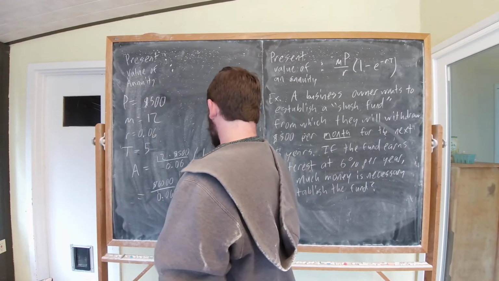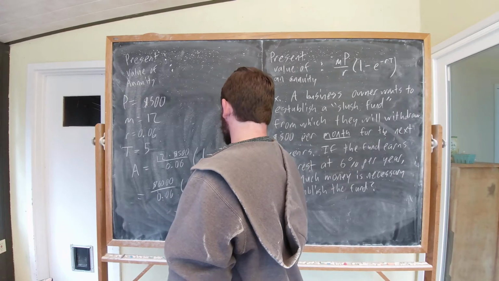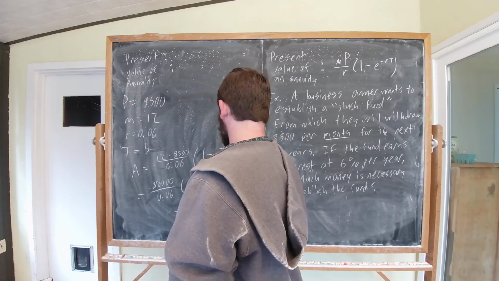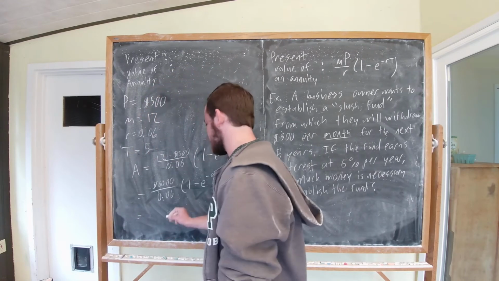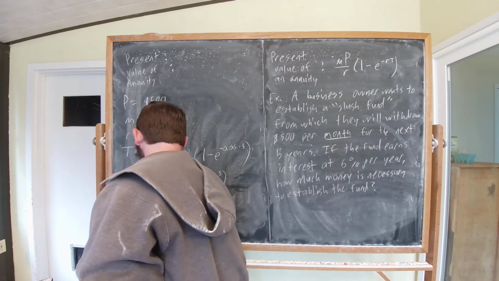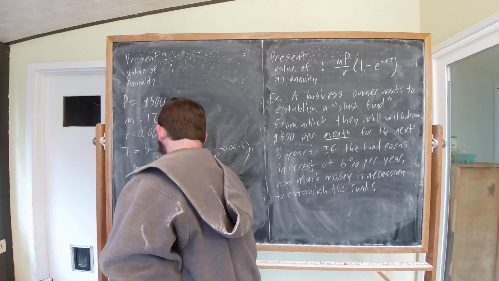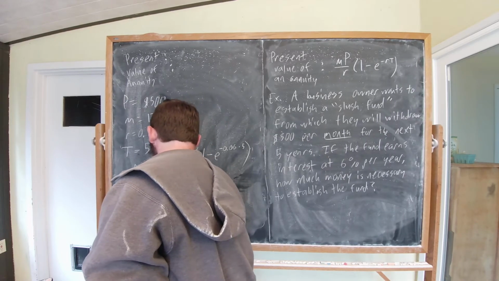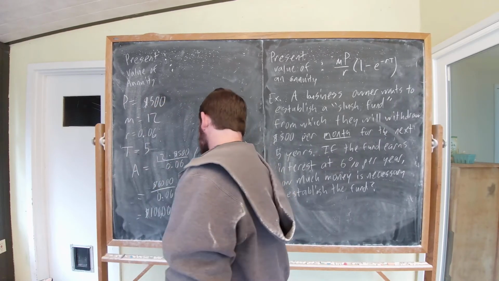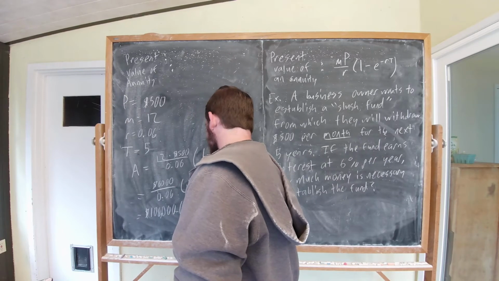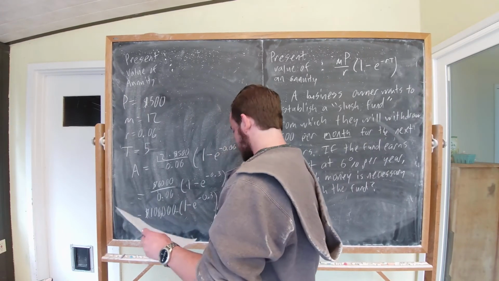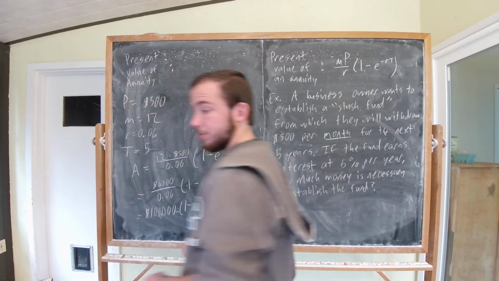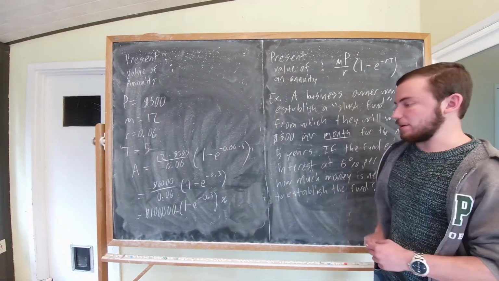times 1 minus e to the negative 0.3. Doing that division, you'll end up with $100,000 times 1 minus e to the negative 0.3. Run that through a calculator, like I'm about to.